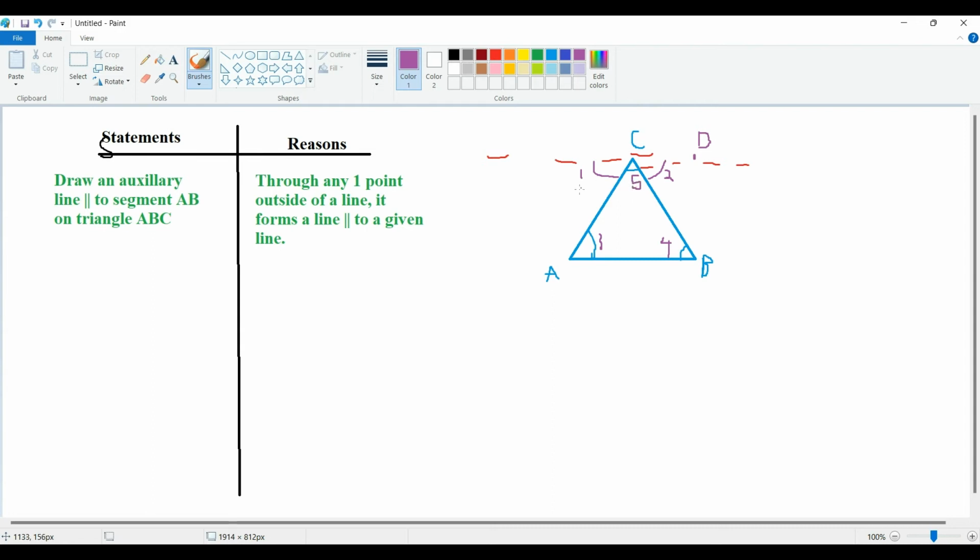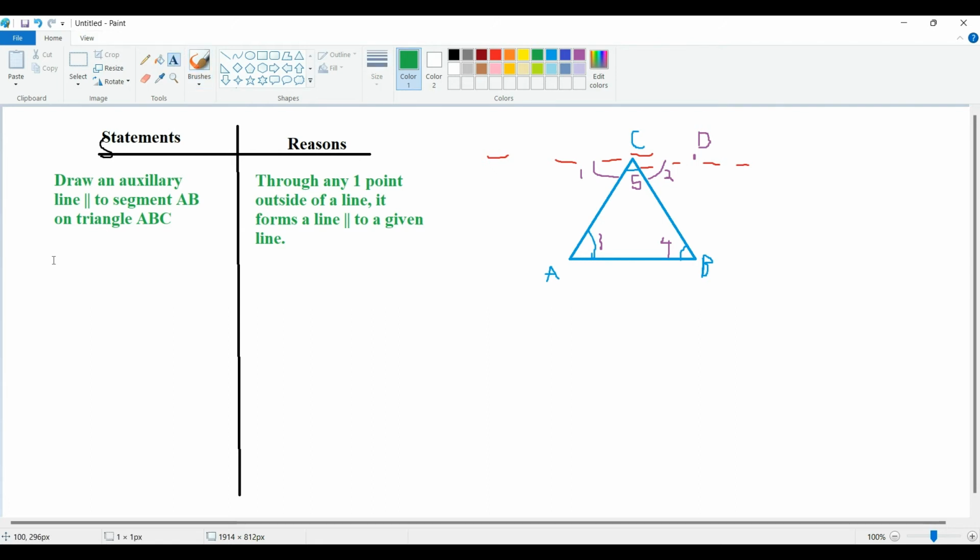That angles 1 plus 3 plus 5 actually are a supplementary angle. And a supplementary angle is any angle whose sides add up to 180. And so 180 is usually a straight line, as you can see this auxiliary line is, right? So then that would be our second statement. Just write that as well.